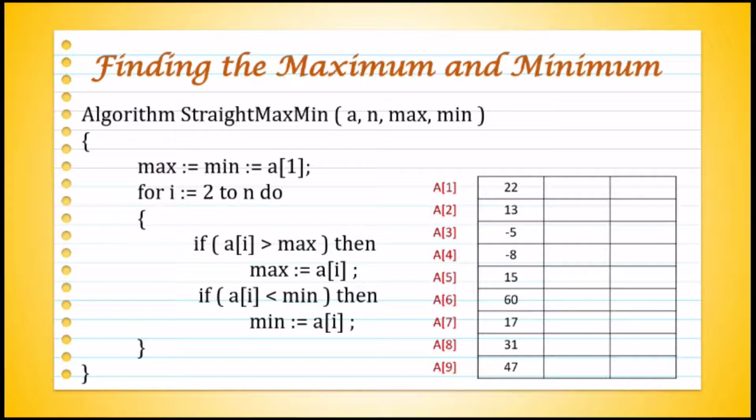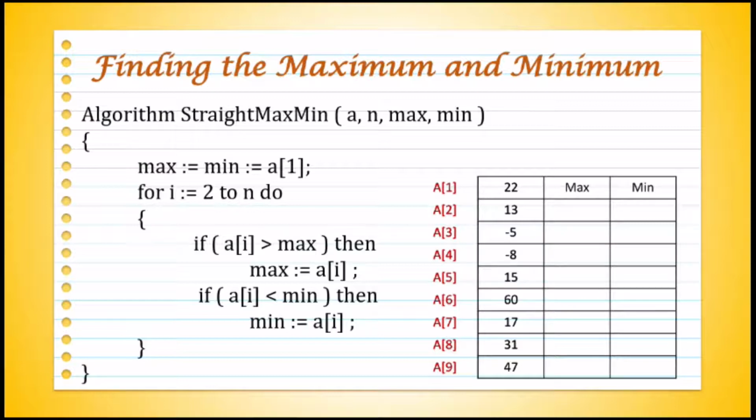So in the first line, that is max equal to min equal to A of 1, that means we are assuming the first element as the maximum and minimum element. So 22 will be our first max and min element. Now after initializing max and min, we will execute the for loop.